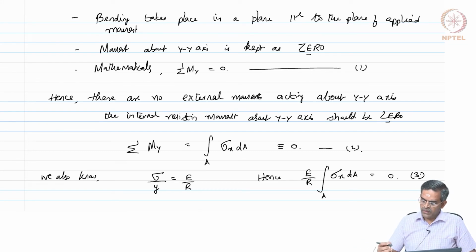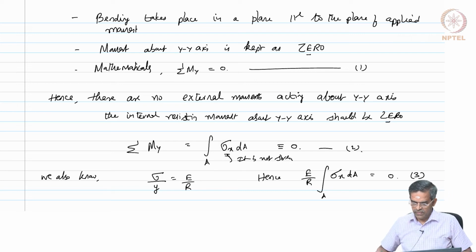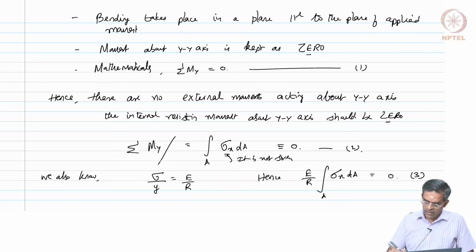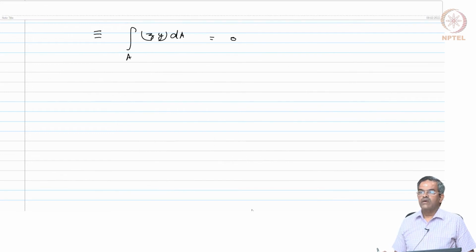Okay, do not mistake it as stress, it is not stress. To ensure this condition, we should imply that this should be satisfied. So, we can say the integral of zy dA should be 0, we call this 3a.